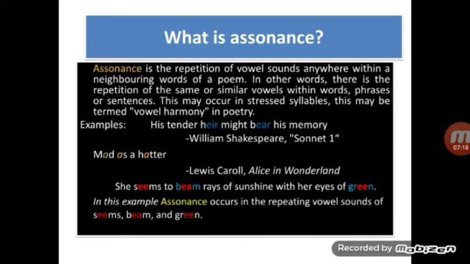This is the 'ee' sound: seems, beam, and green. The long 'e' sound. That's the repetition of the 'e' sound in this line. And this is all about assonance. So we are clear now.